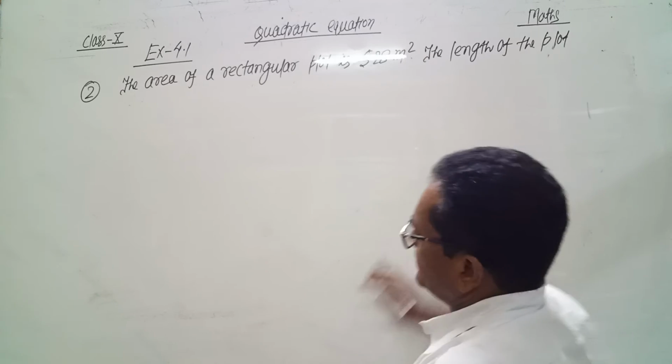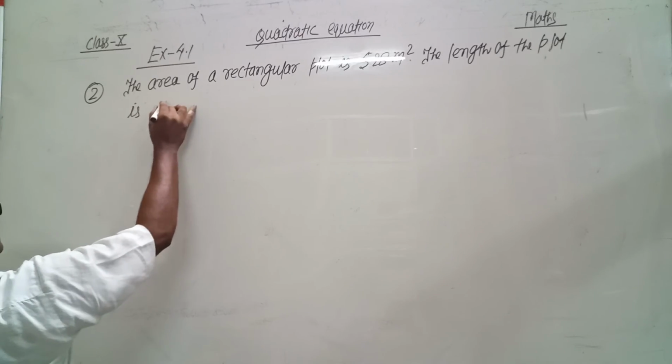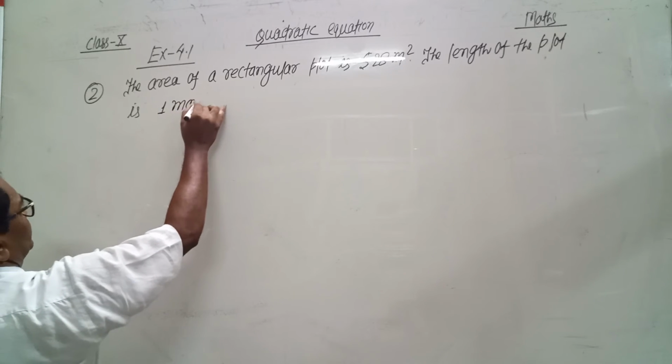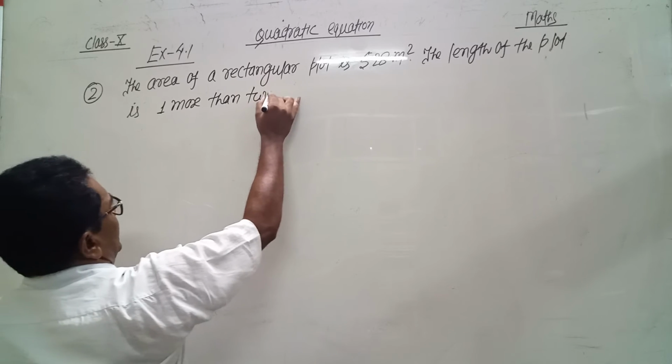The length of the plot is 1 more than twice the breadth.